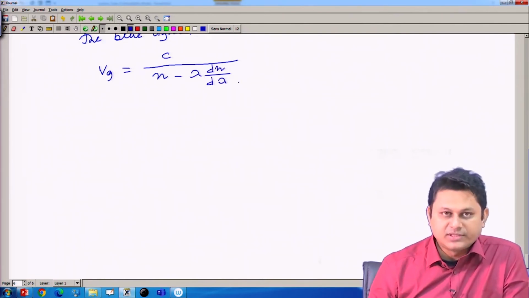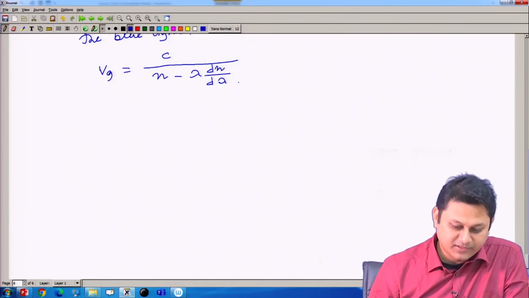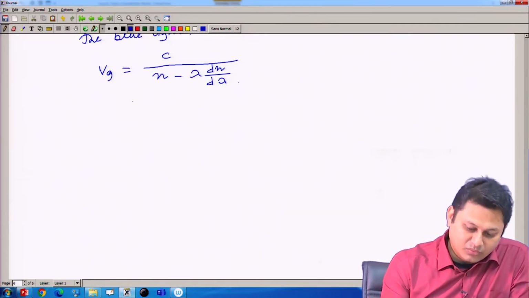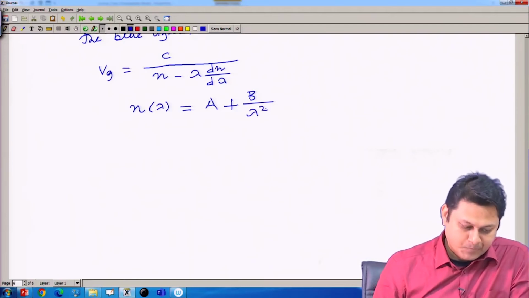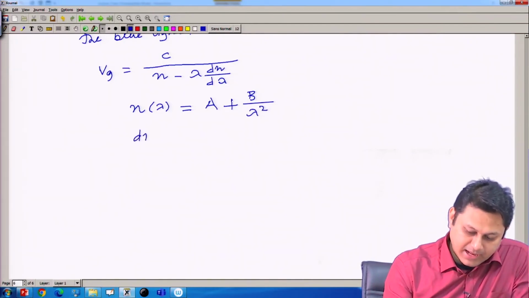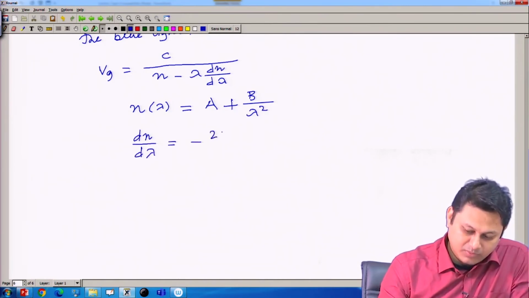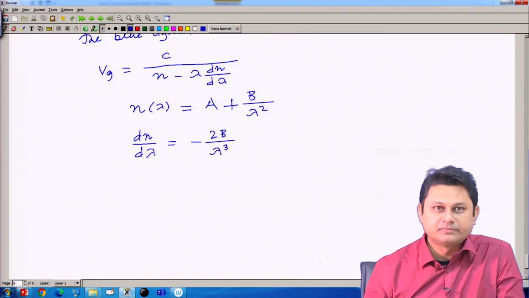Now, we also know Cauchy's relation, and Cauchy's relation is valid for the normal dispersion regime, as I mentioned. So, as a function of lambda, the explicit form is something like this. Now, from here I can calculate dn/dlambda, which is minus 2B over lambda cubed, just a derivative of this expression.